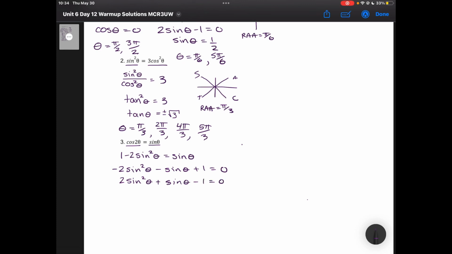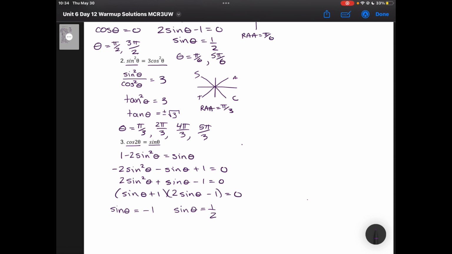And now I've got a trinomial in terms of sine, so I'm going to factor that expression as sine theta plus 1 and 2 sine theta minus 1 equals 0. So now I've factored my expression. Now I can use the zero product property, and I can say sine theta is equal to -1, or I can say that sine theta is equal to 1 over 2.